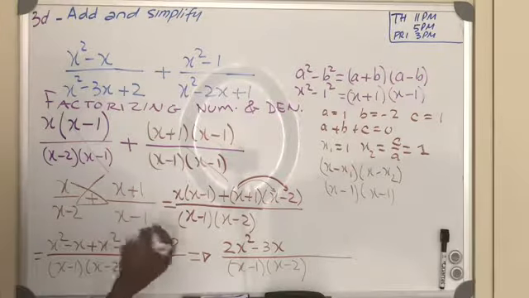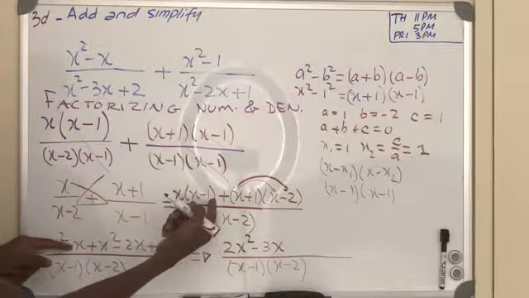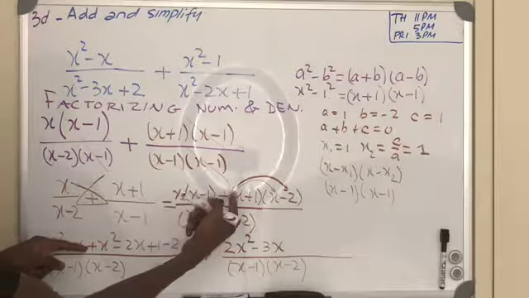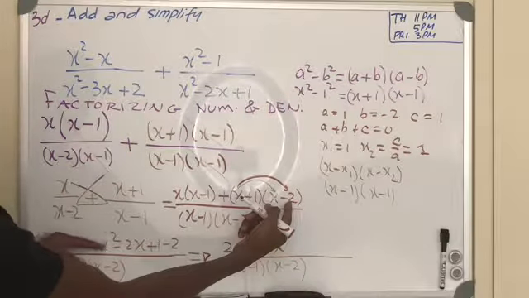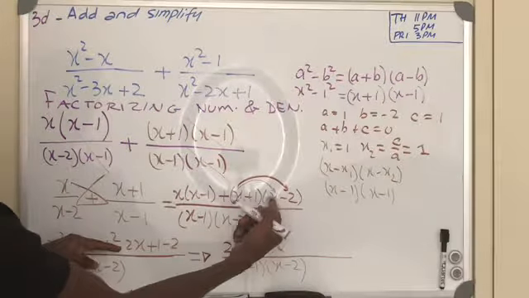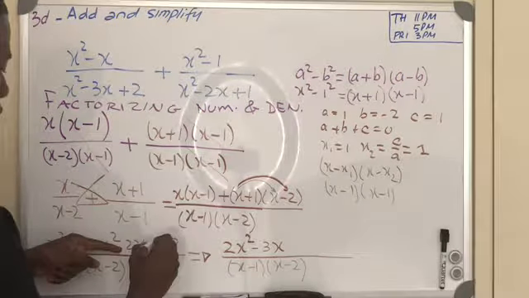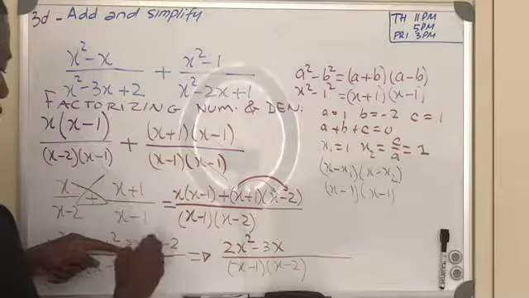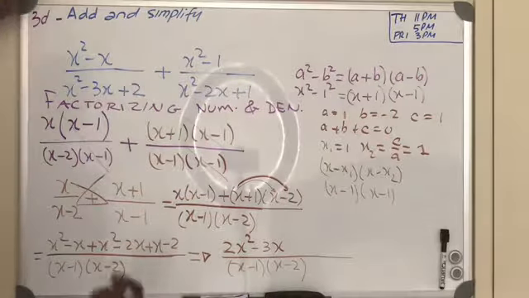Let me see. X squared minus x plus x squared minus 2x plus x minus 2. 1 times x is x plus x minus 2. Okay? You see it?